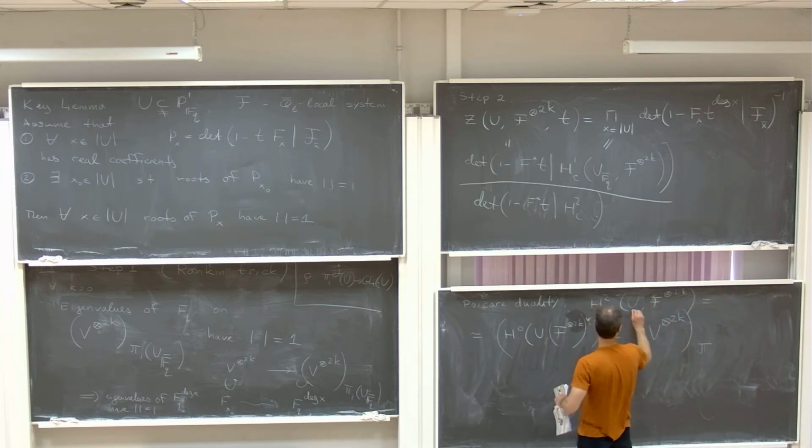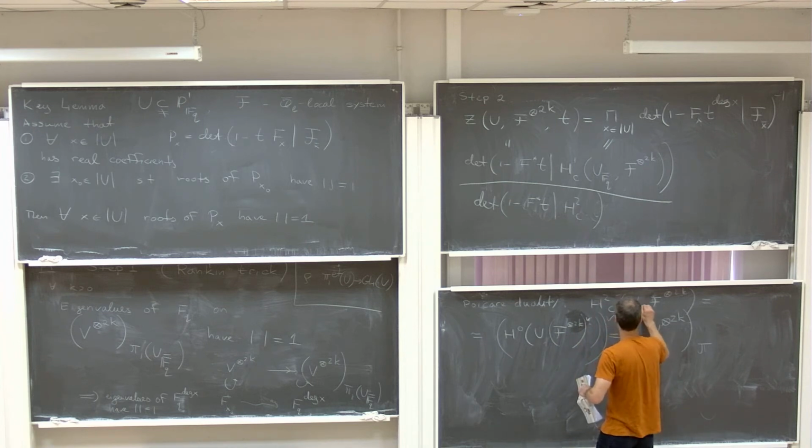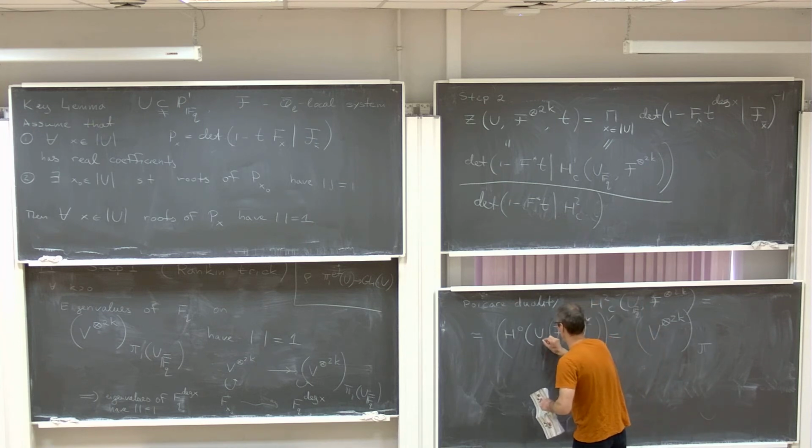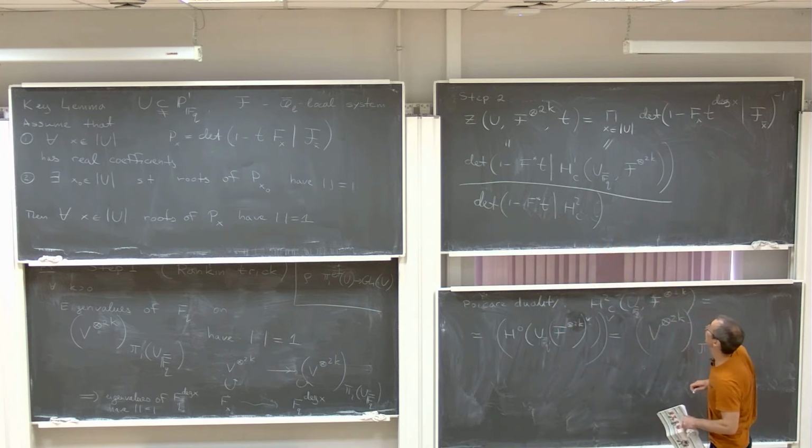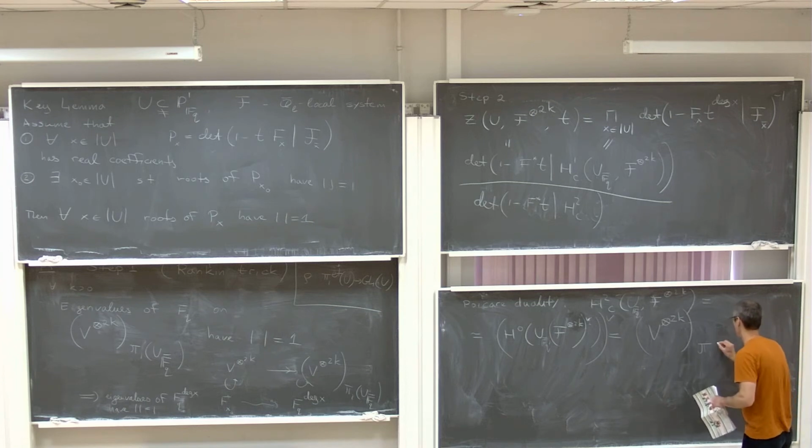Everywhere is F_q bar, right? We are taking homology of a curve over an algebraically closed field. So this is pi_1 etale of U over F_q bar.